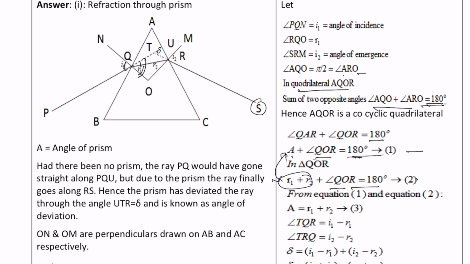So TQR is equal to I1 minus R1. And TRQ, this angle, how much is it? This is I2 minus R2, correct? I2 is the angle of emergence, and this is R2. So this angle is I2 minus R2, okay?